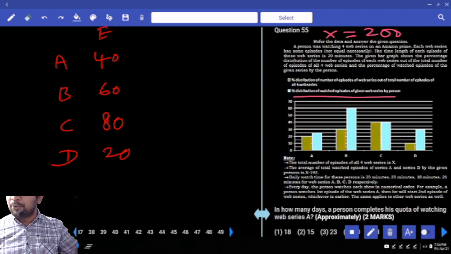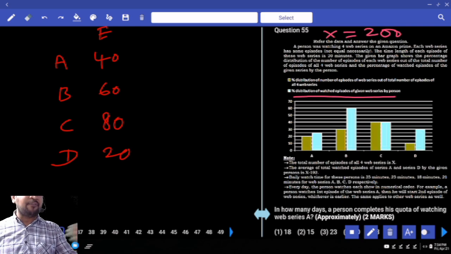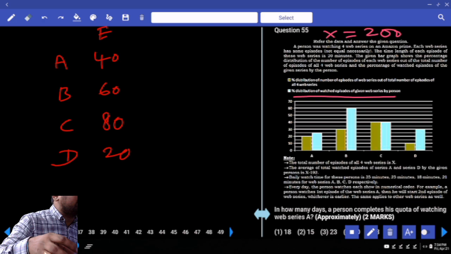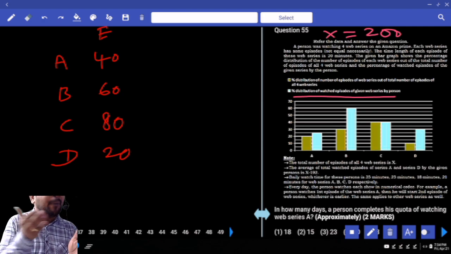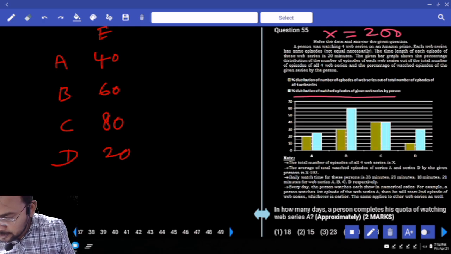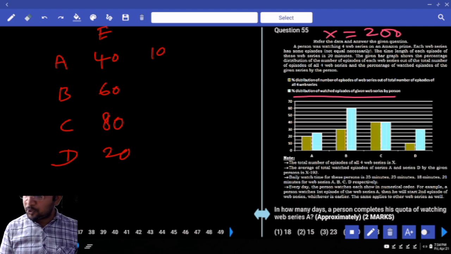Distribution of watched episodes of the given web series by a person. Distribution of the number of episodes watched by a person. These are the available episodes in the given Amazon Prime, but not all episodes are watched by the person. The percentage of episodes watched by the person is given in the second one. A person 25% is 10 episodes.